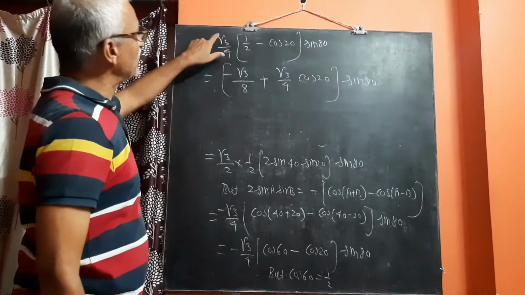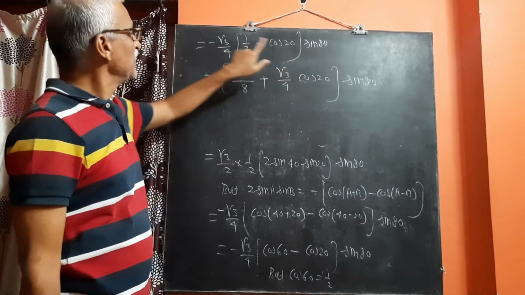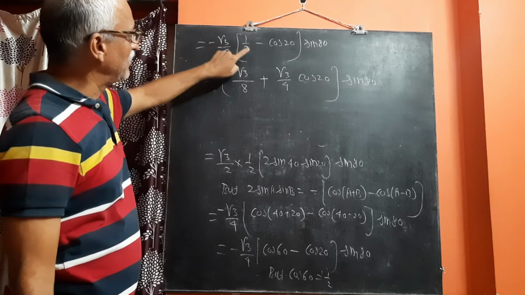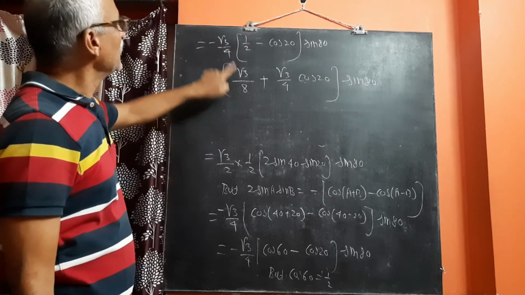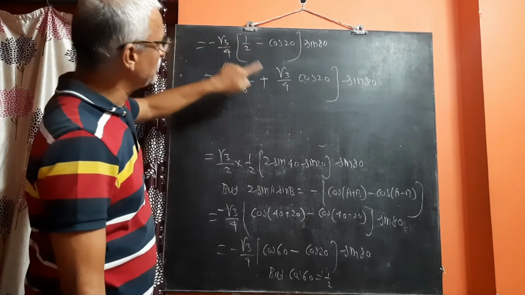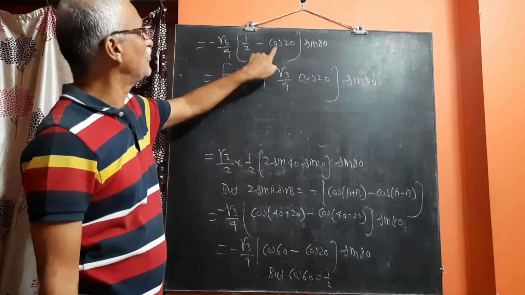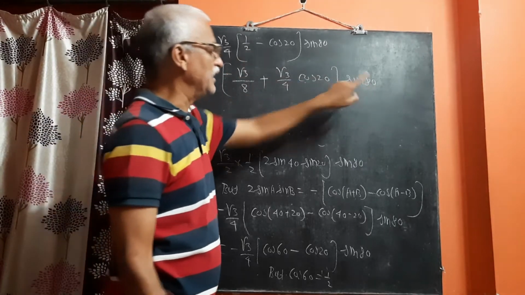We have multiplied minus root 3 by 4 inside the bracket. Minus root 3 by 4 into 1 by 2 is minus root 3 by 8. Minus root 3 by 4 times minus, minus minus is plus, that is plus root 3 by 4 into cos 20 into sin 80.